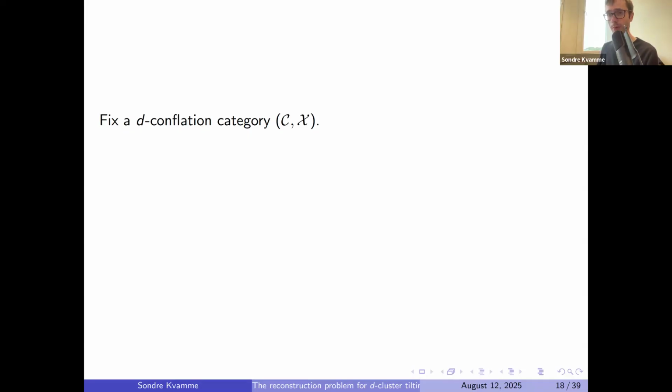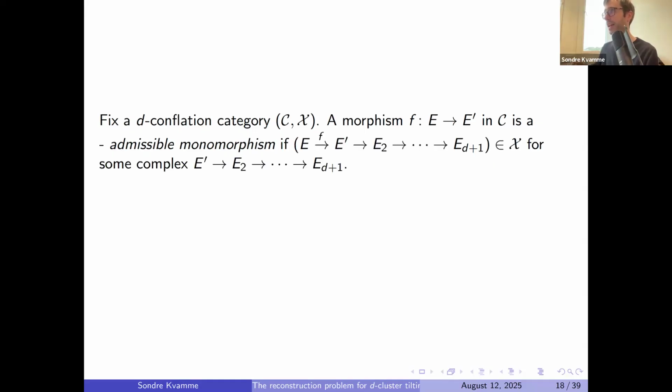And you would probably come up with the same definition as I give here, if you were to think a bit about it. So we say that a morphism in a deconflation category is an admissible monomorphism, which is the higher analog of an inflation, if it is the leftmost part, so here you have F, in some D-exact sequence in X. In other words, it's the leftmost part in an admissible D-exact sequence.